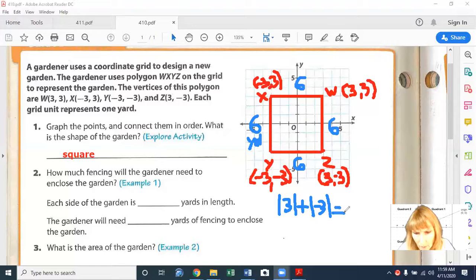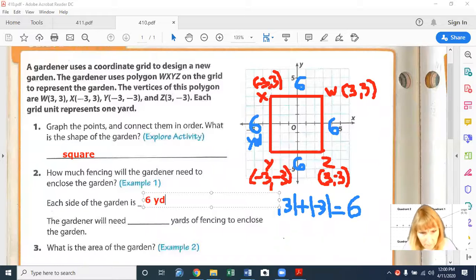So the absolute values of the two are going to give me a +6, which we got anyways because we counted. But just in case you're not plotting everything and you get the points only, you can figure it out mathematically what the length of this side is by using that absolute value formula. So now it says each side of the garden is 6. Now I gotta go back to my red here. Each side of the garden is 6 yards, right?